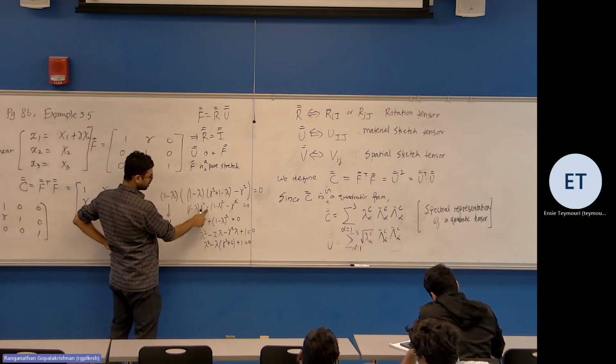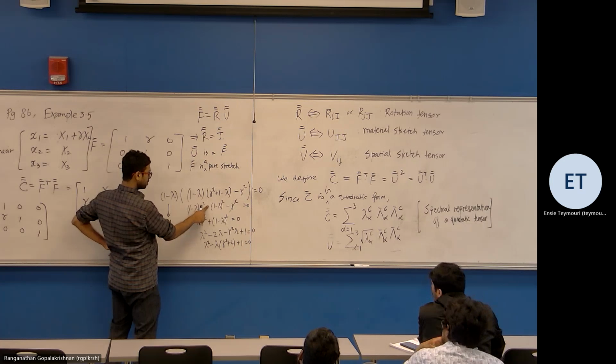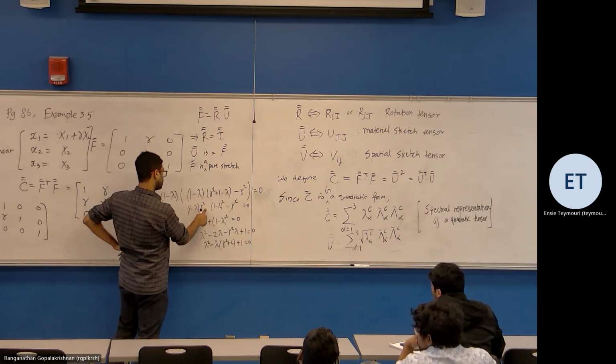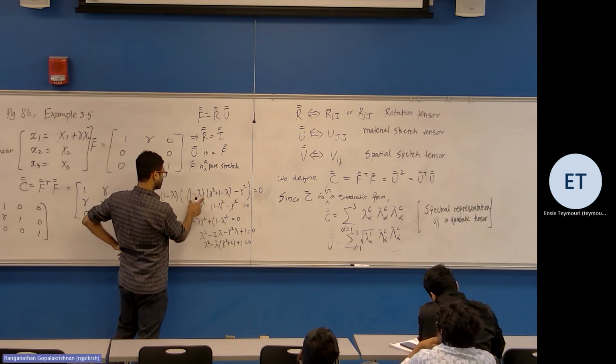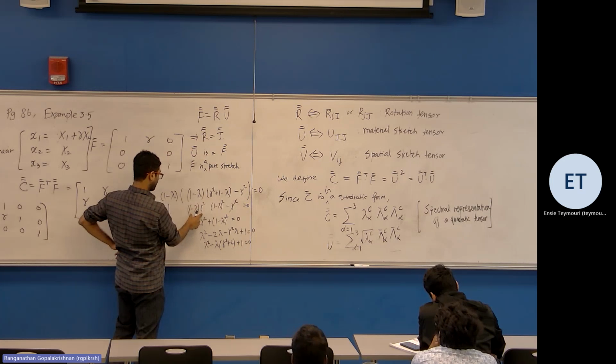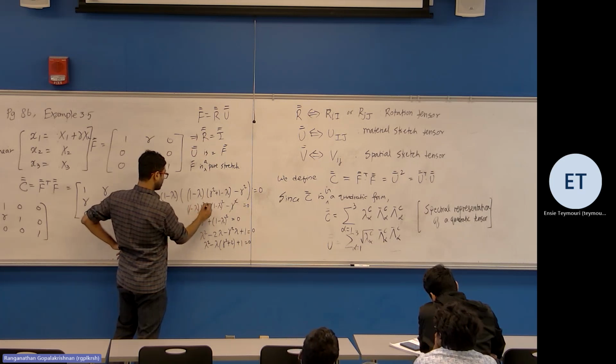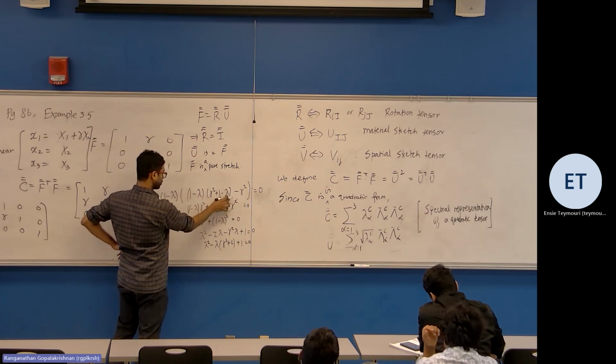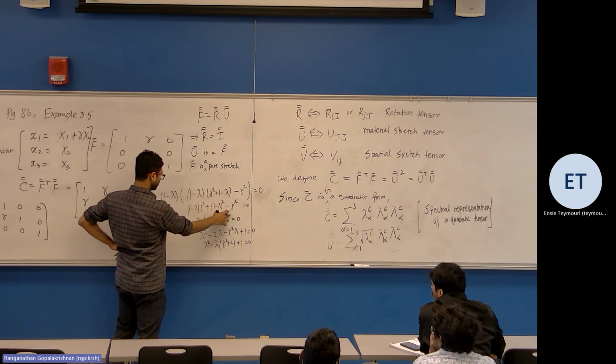It should be minus 1 minus lambda times gamma squared plus 1 minus lambda the whole square minus gamma squared.